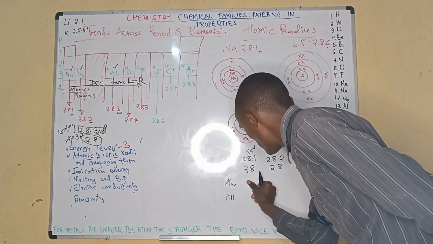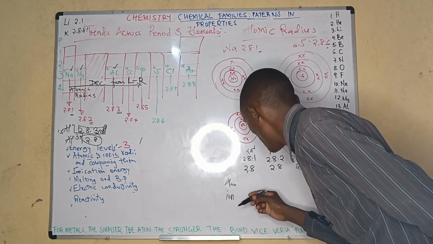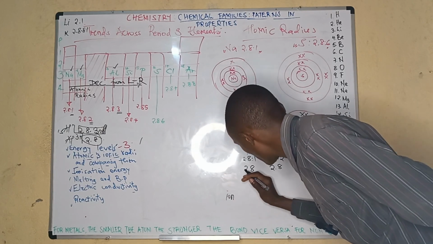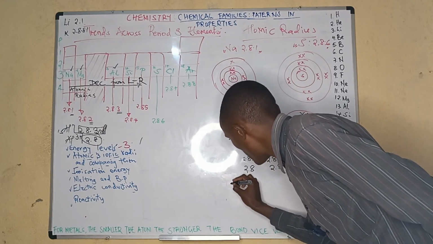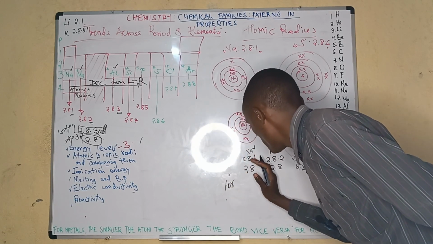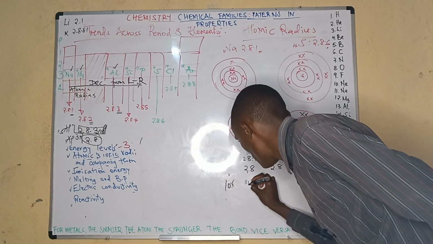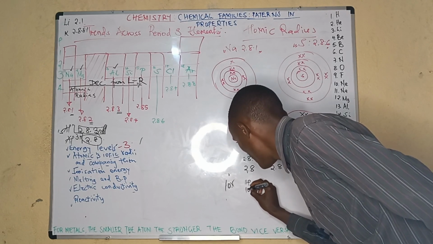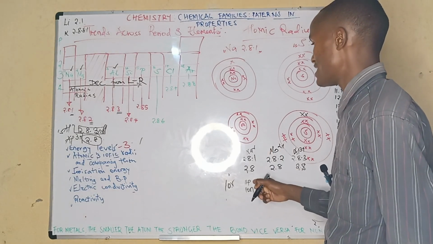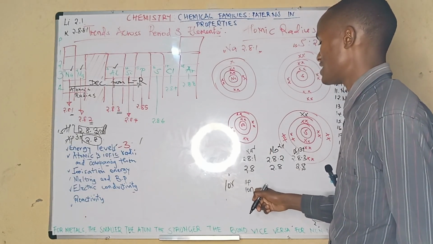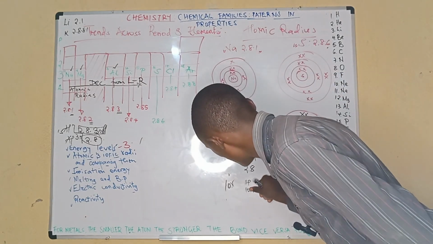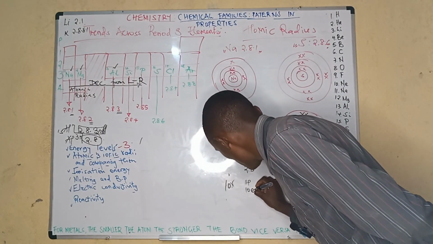So what I'll do, I'll just write the ions alone, and say that the ion of sodium has 11 protons and 10 electrons.